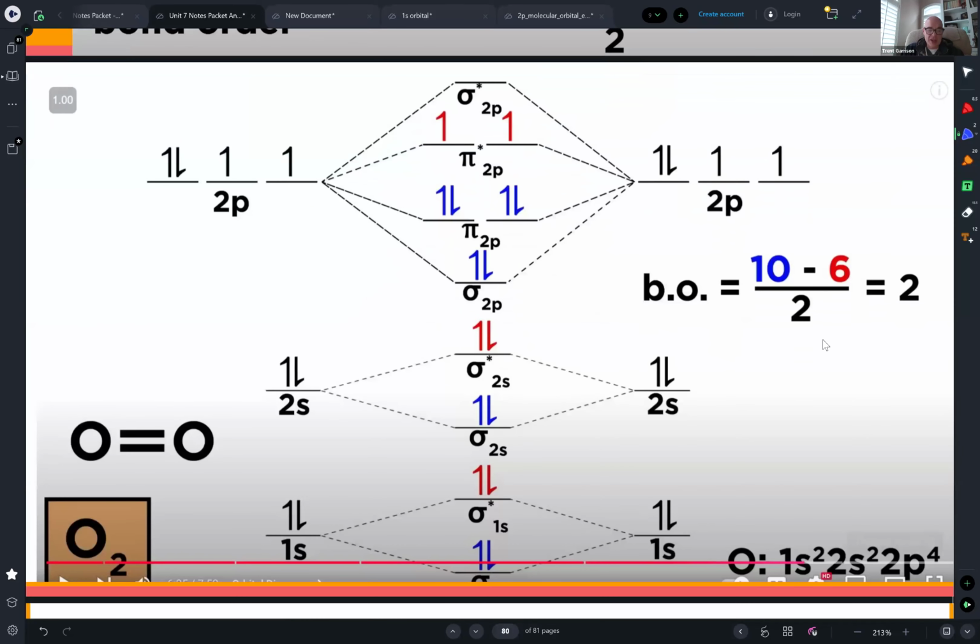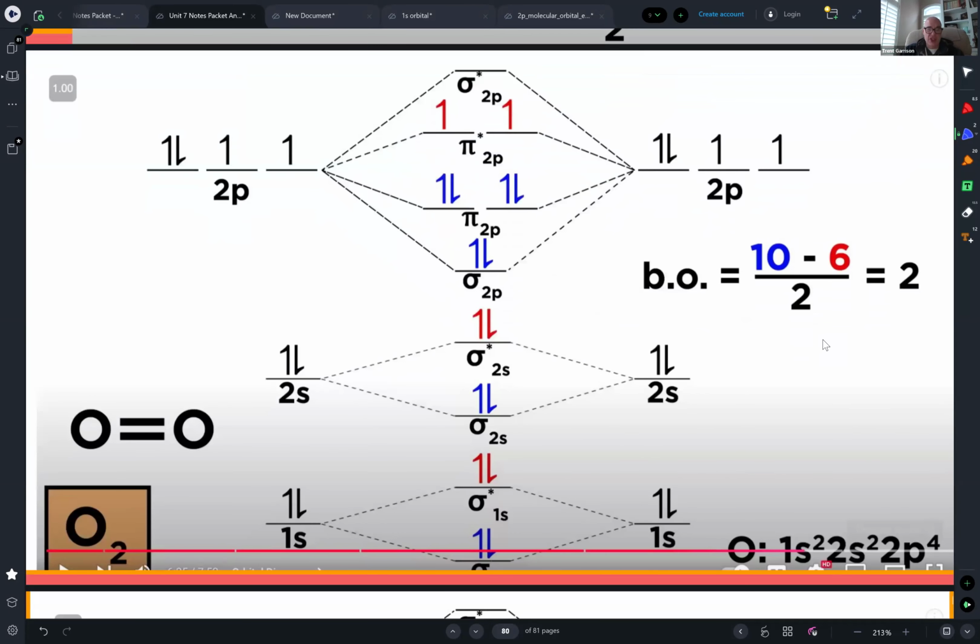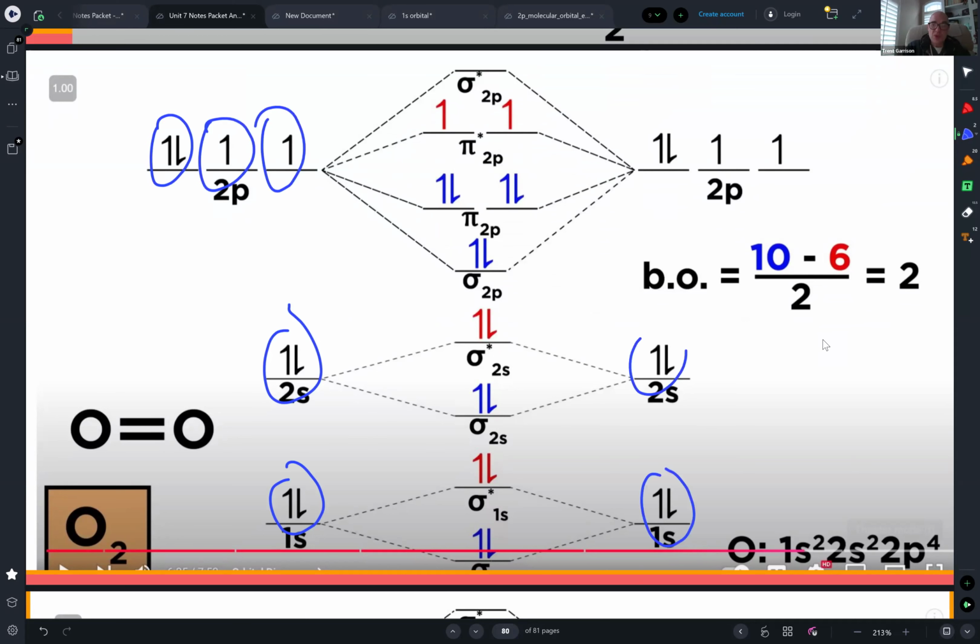All right, here is my oxygen. So with oxygen, we had a total of 8 electrons. And if we are putting here 2, 4, 6, 7, 8, 2, 4, 6, 7, 8, and we always put them lowest to highest. These cancel out. There's no sigma bonds on the first energy level. There are no sigma bonds on the second energy level.